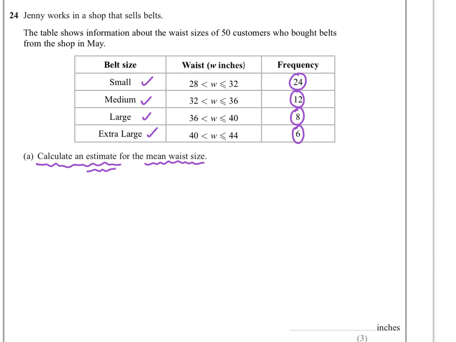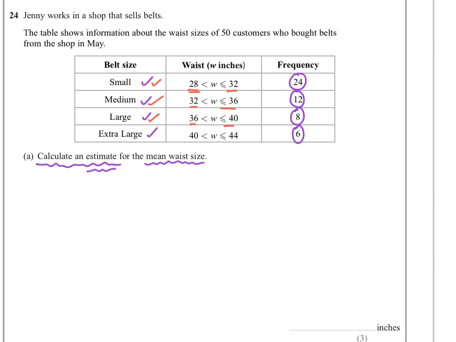And it classifies the waist size for each belt being small, between 28 and 32, not 28 but can be 32, medium, can't be 32 but anything more than that right up to and including 36, large 36 to 40 but not 36, and so on.